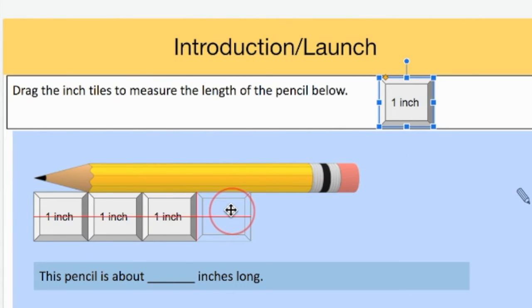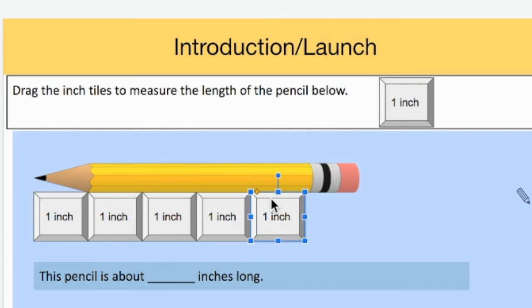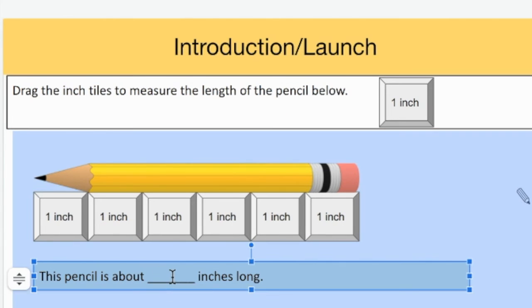So far we have 3, 4, 5, and 6. All right, I think we're done. This pencil is about 1, 2, 3, 4, 5, 6 inches long. Very good. You're doing great measuring with me.